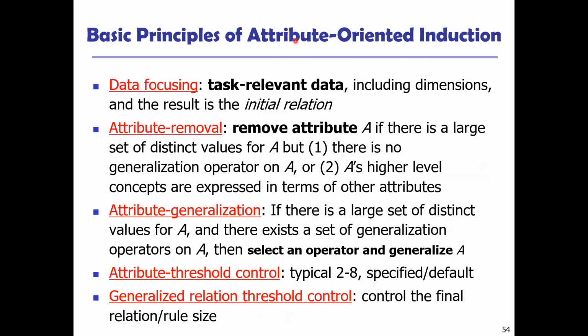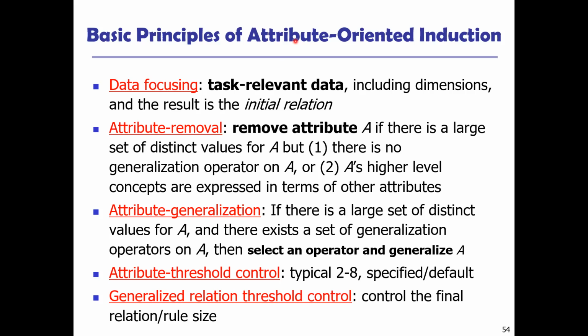The principles of AOI: first of all, it's task data focusing, meaning that it will focus on task-relevant data. We remove attributes. If the attribute has a large set of distinct values, then we remove the attribute. We generalize the attribute in order to minimize the number of values.